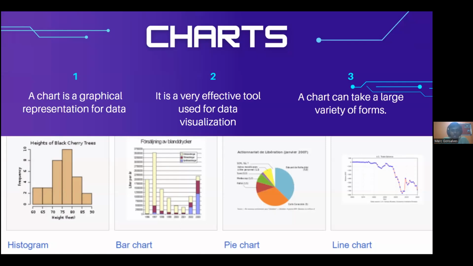Suppose you have a large amount of data, no one is ever going to sit there and read through the whole document. With a graphical representation, you can easily view the whole data in a very short amount of time.